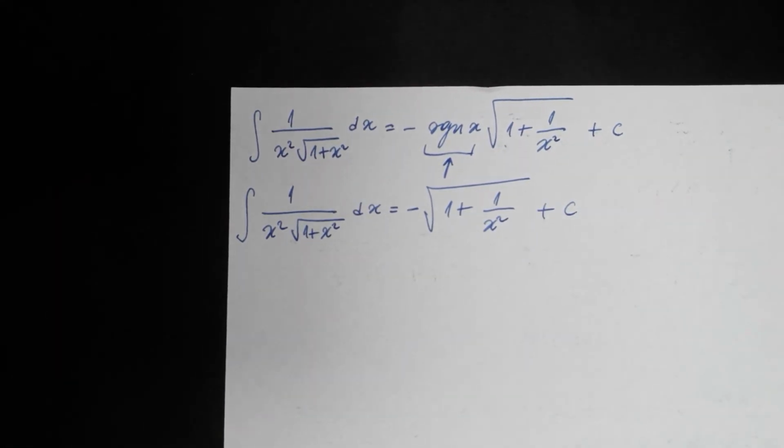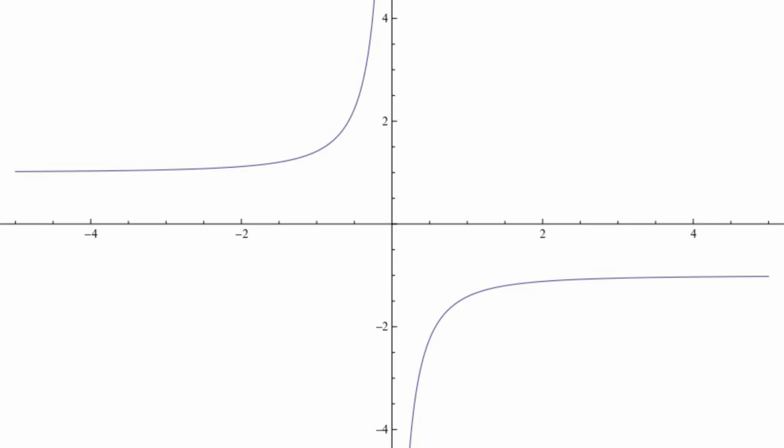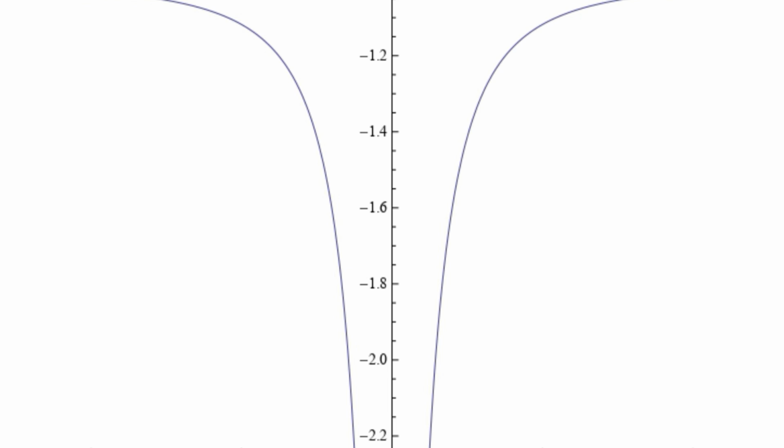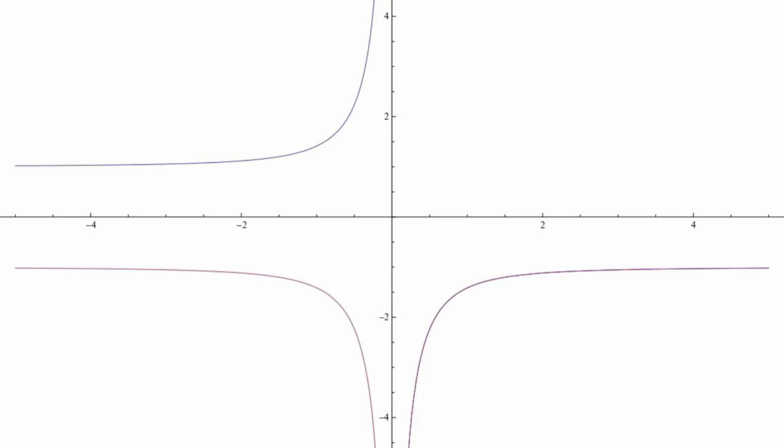Now I want to show you the graphs of both of these solutions. In this graph, you see what the representative function of the solution, which you get for C equal to 0, looks like. And in this graph, you see what blackpenredpen's representative function looks like. When we put both of these functions in the same coordinate system, my solution is in blue and blackpenredpen's is in red.